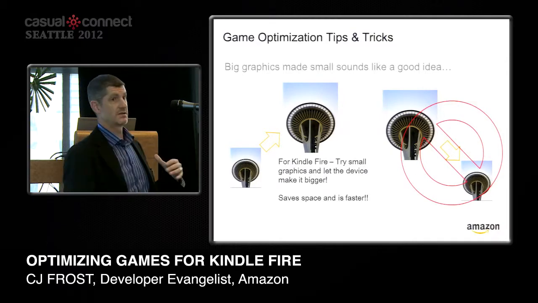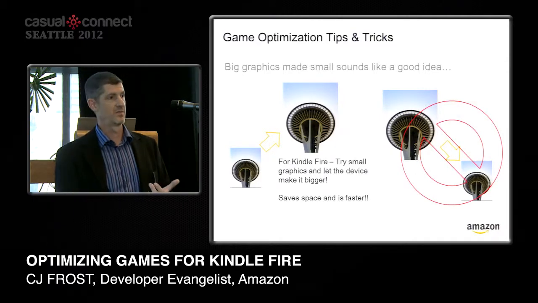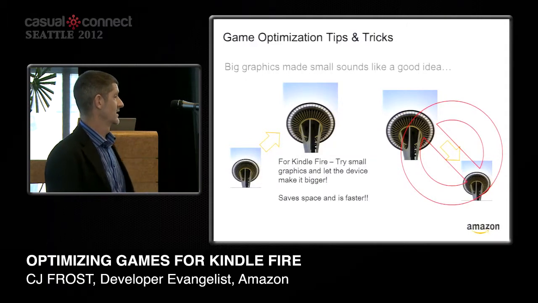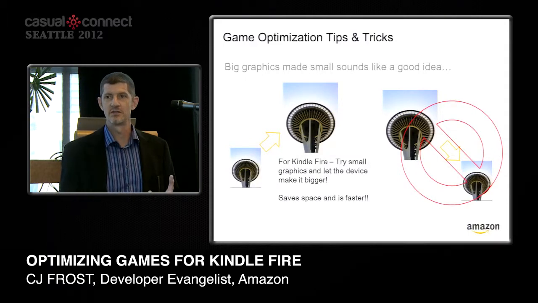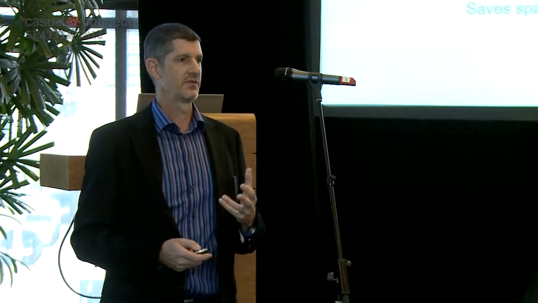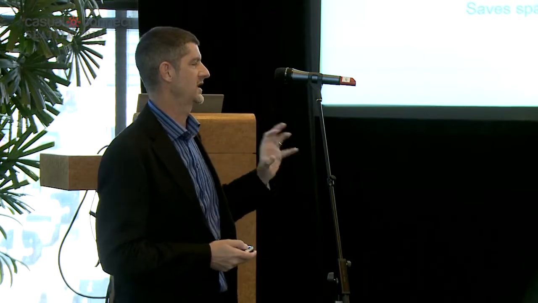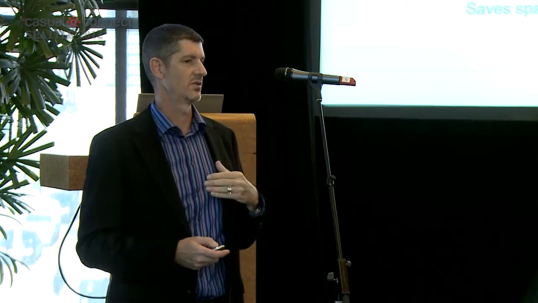The beauty of that is it saves space in your game, and it's much, much faster to process. So as we think about optimizing for the Kindle Fire, just keep in mind that the way you naturally think of things might be backwards, and the resource kit and the information that we have available will really, really help you to optimize.